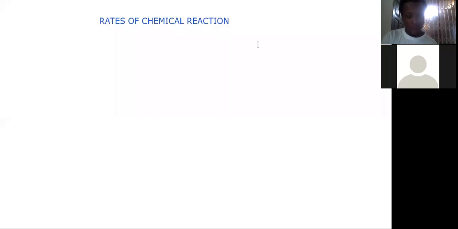So I'm going to do rate of chemical reaction. We are going to consider some factors that affect the rate of chemical reaction. I'm going to first look at the definition of rate of chemical reaction. We are going to find the Maxwell-Boltzmann distribution and use that to explain some factors that affect rate of chemical reaction.